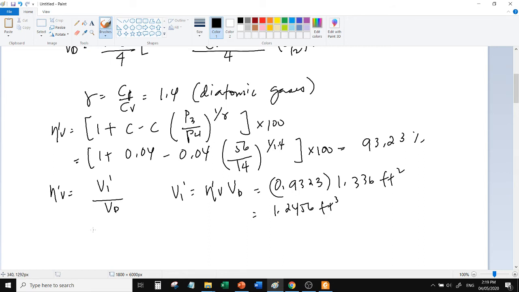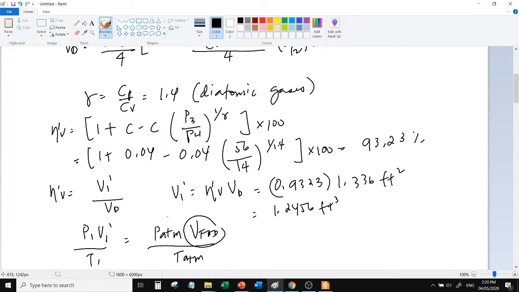We simply use yung combined gas law to calculate for the volume of free air. Yan yung combined gas law.